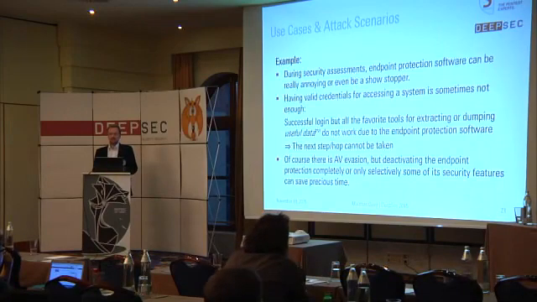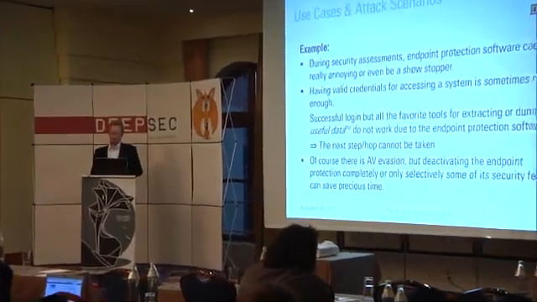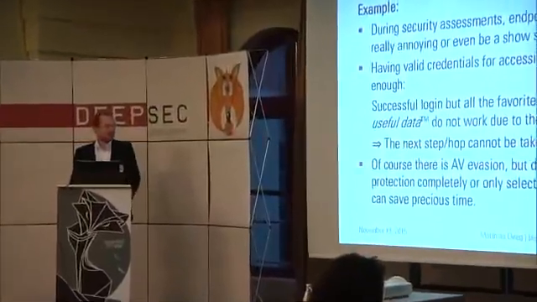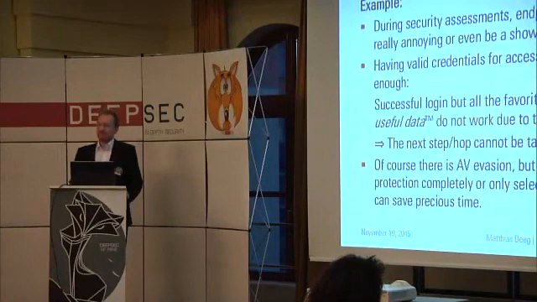And of course, there are also antivirus evasion techniques, but antivirus evasion can be rather tricky and time-consuming, and I think that deactivating security features completely or selectively, as I want, can save precious time.